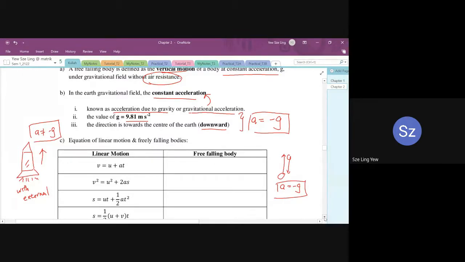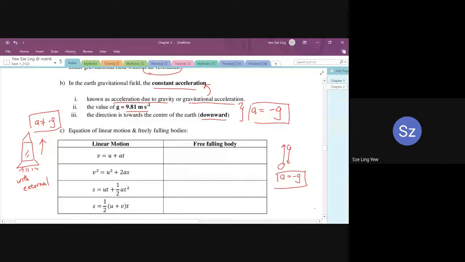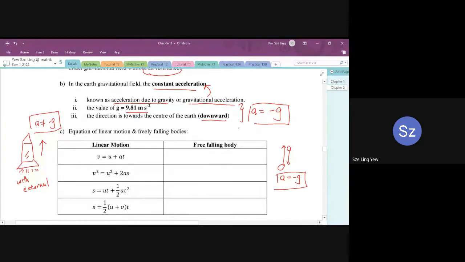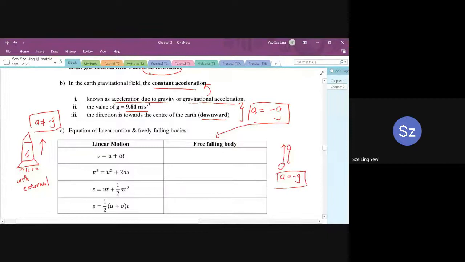But if you look at motion in general, you could have a not equal to g situations. So remember, a equals negative g only applies if the object is a free falling body. Free falling body means no external force.